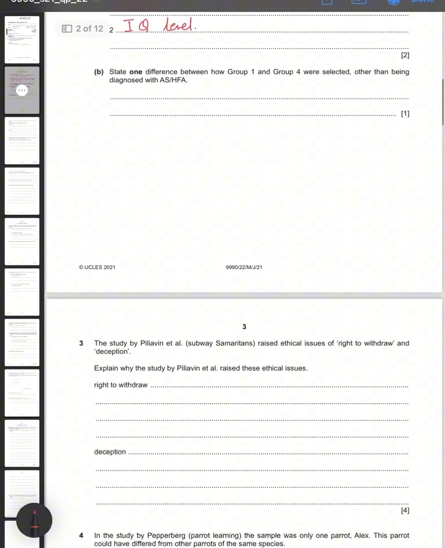Now part B says, state one difference between how group 1 and group 4 were selected other than being diagnosed with AS and HFA.